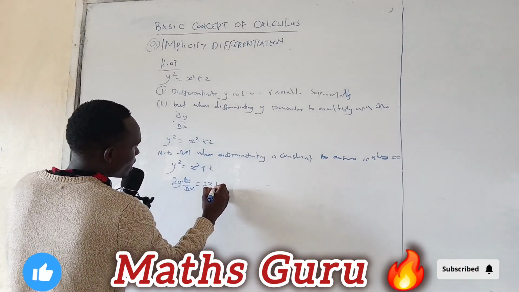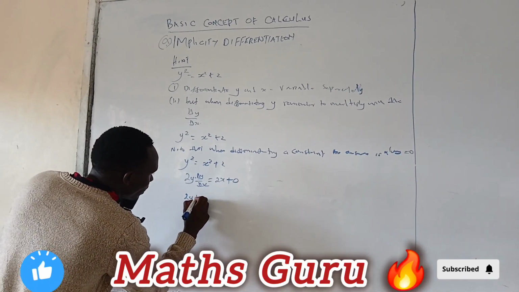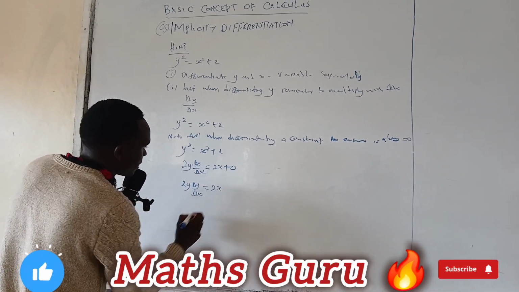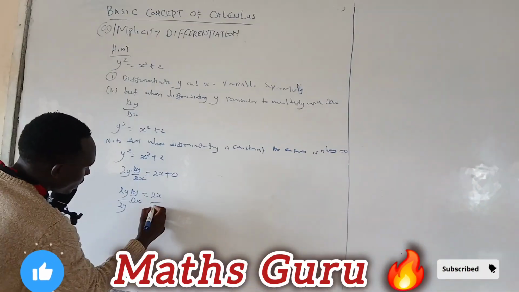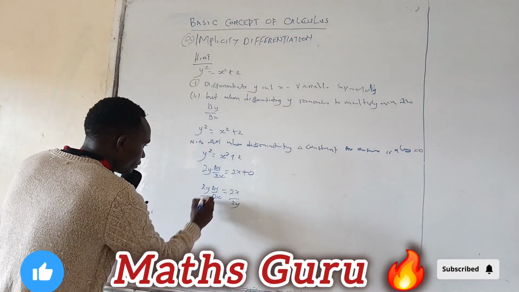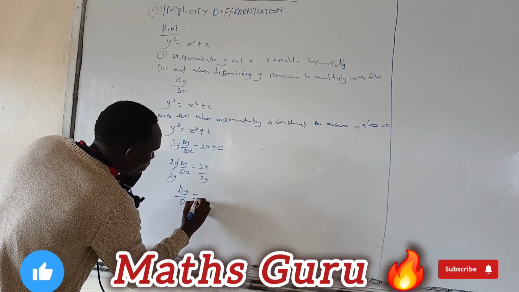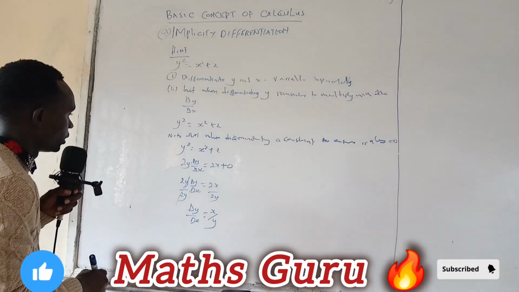When I'm differentiating the constant, I get 0. So 2y change in y over change in x is equal to 2x, divided by 2y on both sides. So the change in y over the change in x now is equal to x over y.